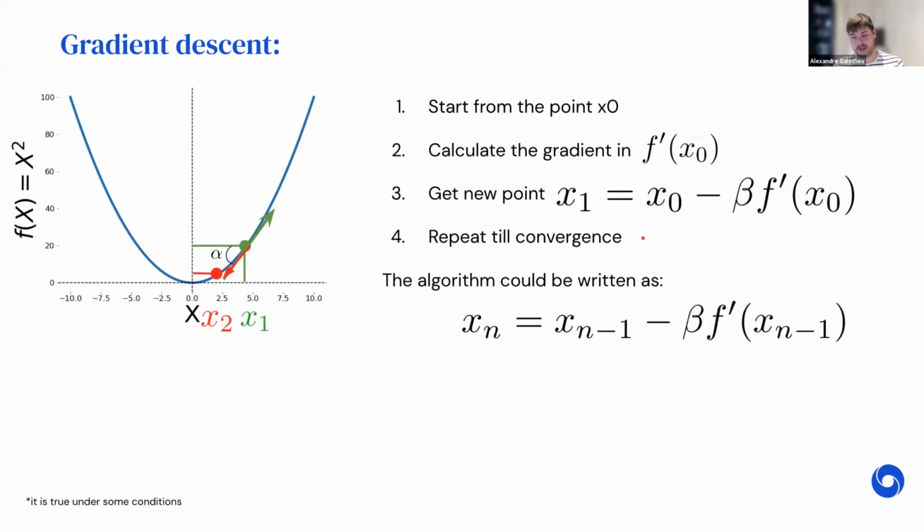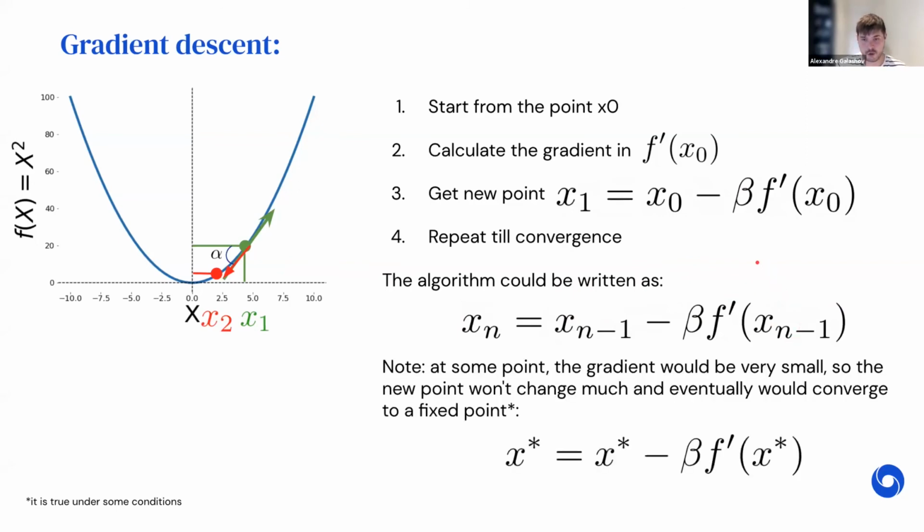If you want to write the algorithm down, it will be written like that: x_n equals x_{n-1} minus beta times the gradient at the previous point. And just to note why it would at some point converge: if things are correct, because you're moving in the direction of decrease of the function, the value of the function will decrease, and your gradient will decrease as well.